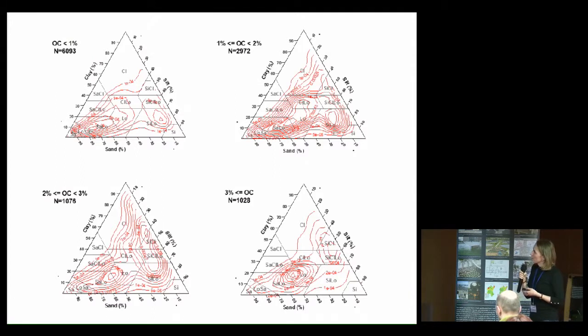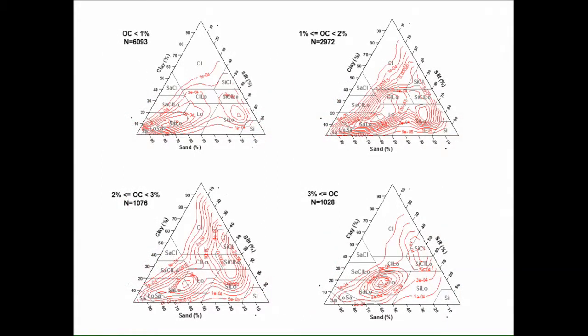And just a quick view about the data set. So the data set contains more or less 18,000 samples, which is more or less 6,000 soil profiles. And here you can see the characteristic soil texture classes based on the organic carbon content.